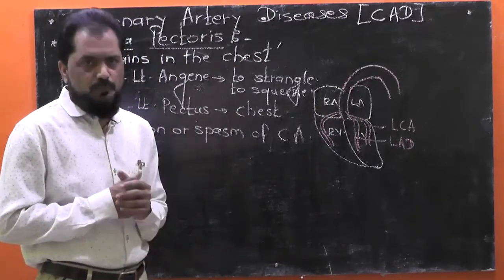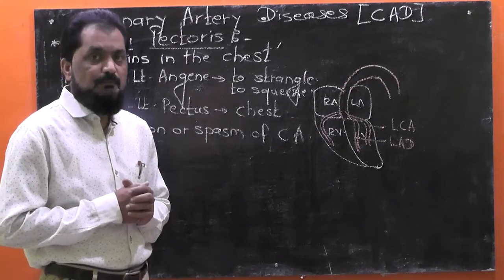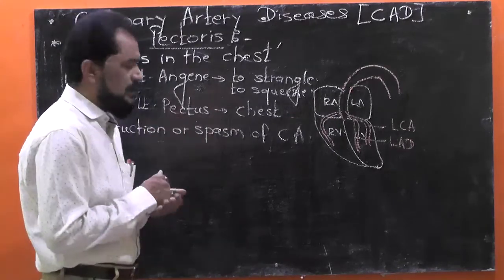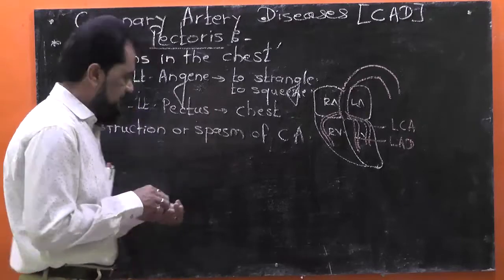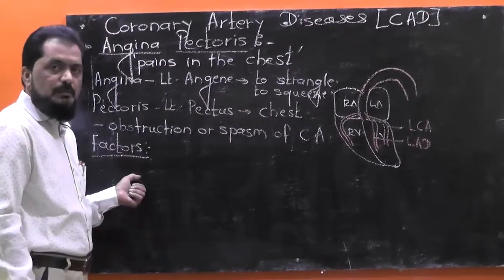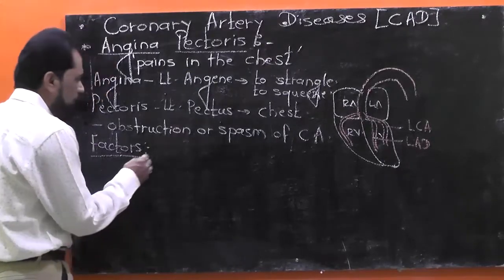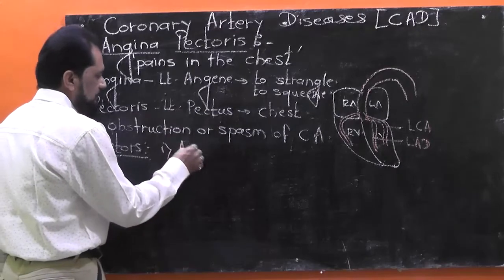Now let me tell you which are the different causes, which are the different factors mainly responsible to cause angina pectoris. So let us talk about the major risk factors for angina pectoris. First one is age.